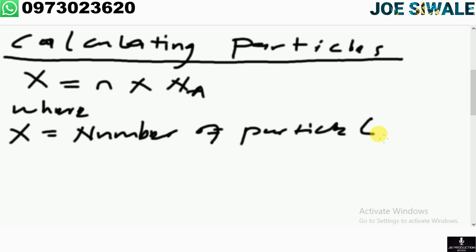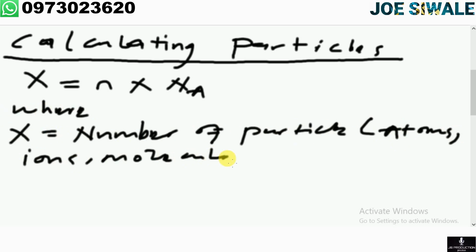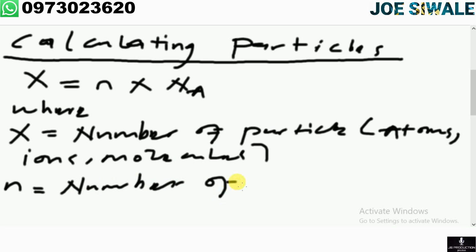and this can be atoms, ions, or molecules, and n, that's the number of moles, then Na, that's the Avogadro's number or constant.